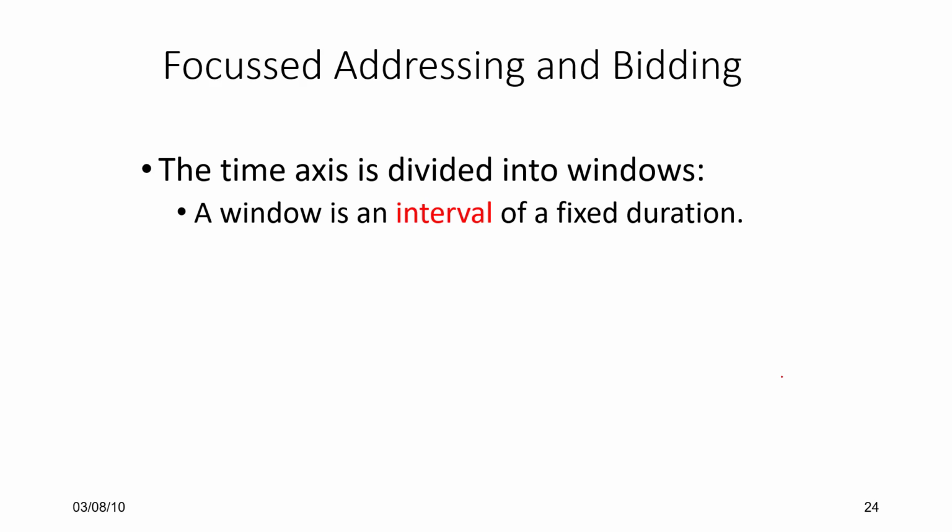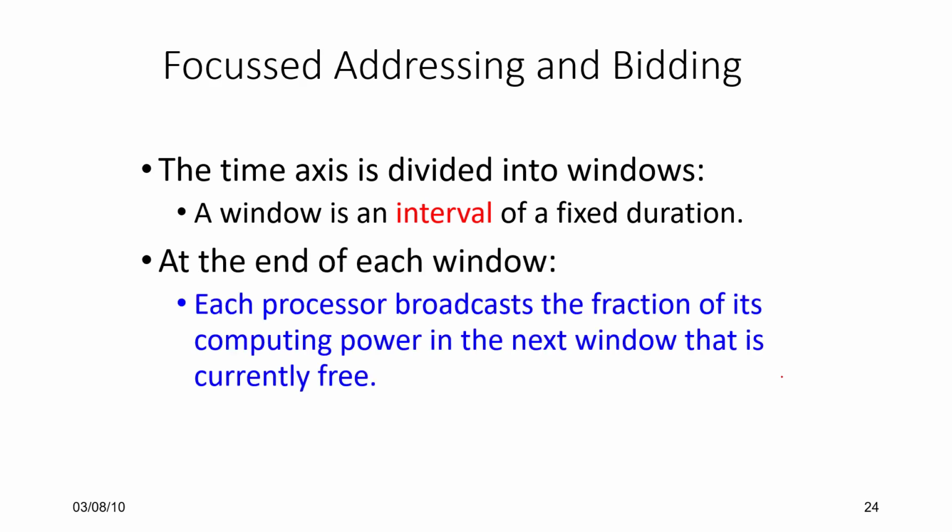Now the question with focused addressing and bidding is like this, that the time axis is something that we divide into intervals or windows, where a window is an interval of a fixed duration. At the end of each window, each processor broadcasts the fraction of its computing power in the next window that is currently free.